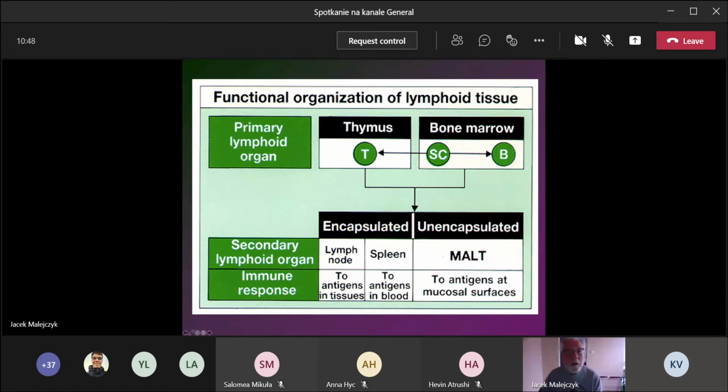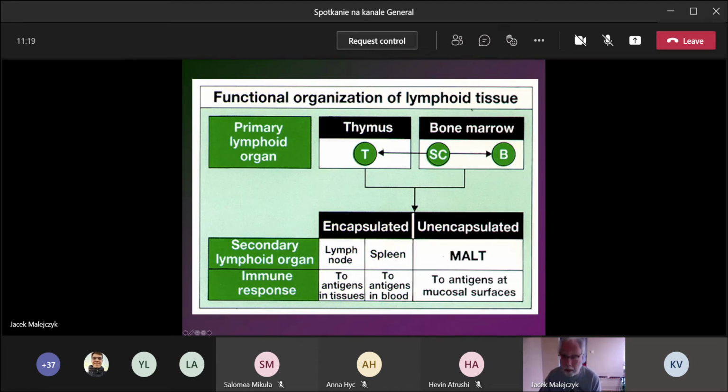Because in our organism, we have something we call primary lymphoid organs. These primary lymphoid organs include the thymus and the bone marrow. As you know, the bone marrow is to produce the lymphatic cells, so it is like a factory which produces the soldiers. But these soldiers who leave the factory are not trained as yet.